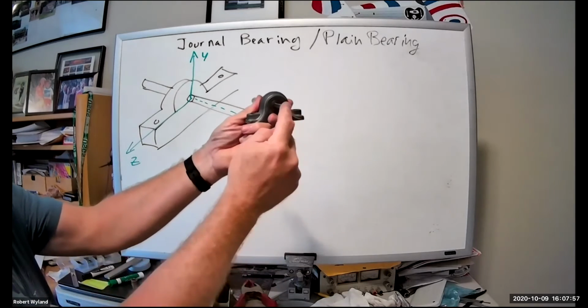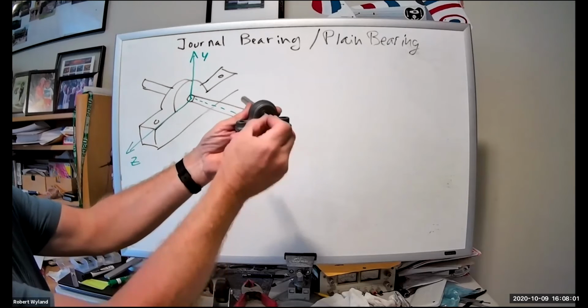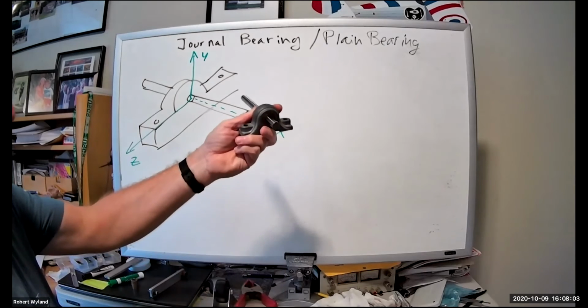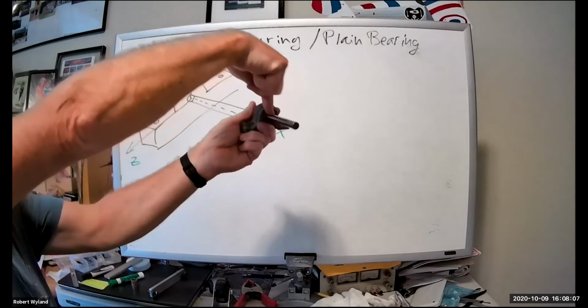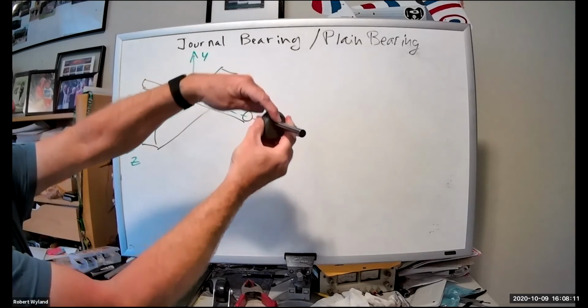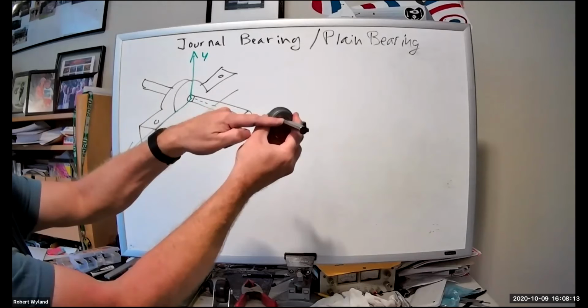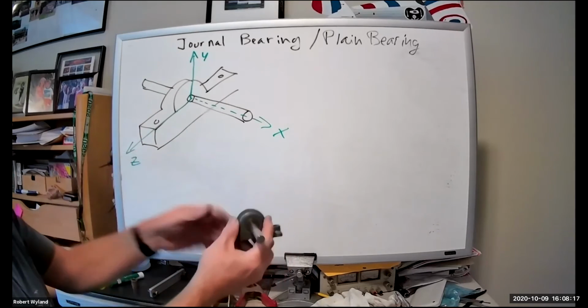Now, if we push in the X, it slides right along. So we have no reaction in the X. If I push in Y, straight down, it's kind of hard to see, my finger gets in the way. Push down this way, I get a reaction. And if I push this way, I get a reaction. So I'm getting a reaction in Y and in Z.